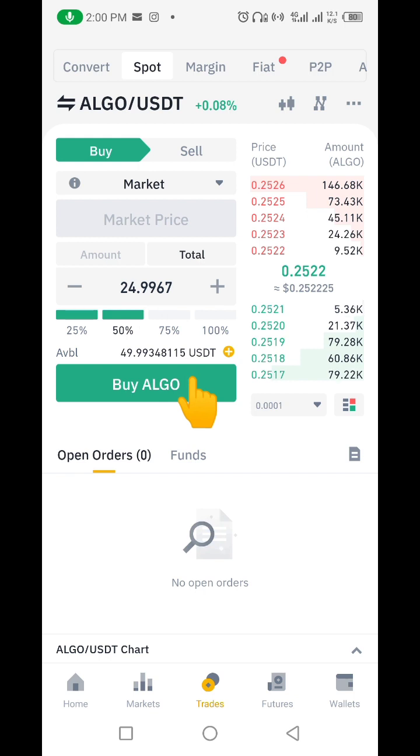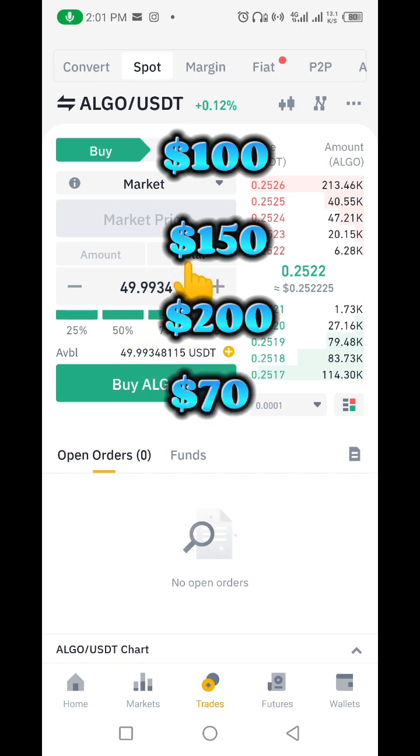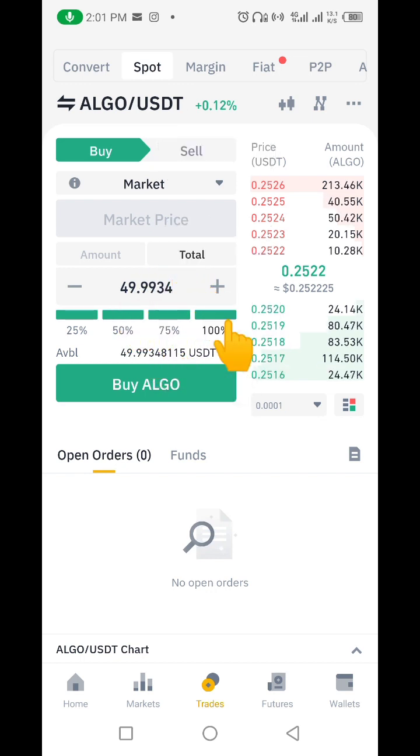But if I click on 100%, that means I'm buying with my 49.9 USDT. And I'm going to hold onto this ALGO in my spot wallet. As soon as it starts appreciating, this $49 can get to $100, $150, $200. If it gets to any particular price and I feel I want to take profit, I can go ahead and convert it back to USDT or BUSD, which are stable coins.